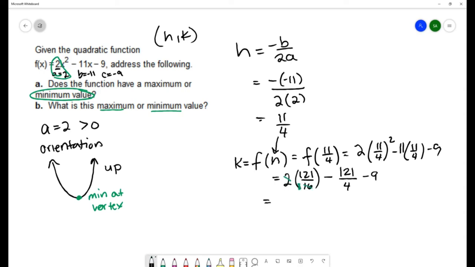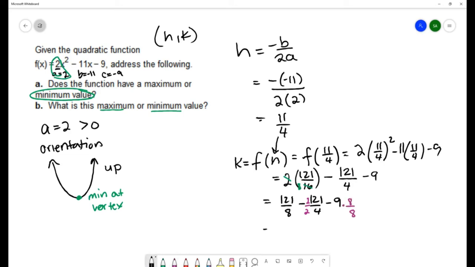So I have 121 over 8 minus 121 over 4 minus 9. And to combine these together, I would need a common denominator. So I'm going to multiply the 121 over 4 by 2 over 2 to create a common denominator of 8. And I'll multiply the 9 by 8 over 8 to create that common denominator of 8.